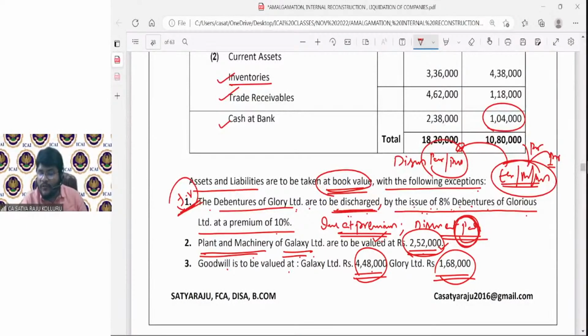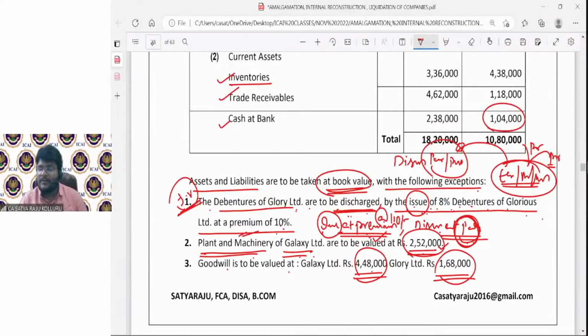By the issue of 8% debentures of Glorious Limited at a premium of 10%. Now the issue is at premium, and the discharge is at par. Whatever debentures we are issuing at premium are issued at the rate of 110 per debenture.